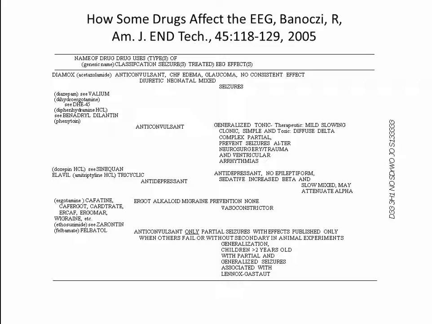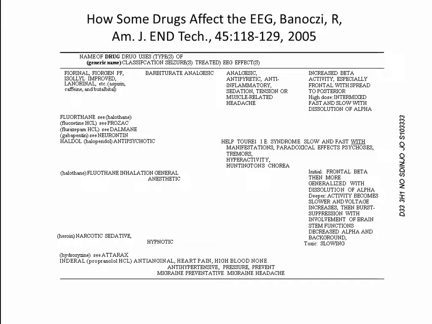Let's see if any of these are... Again, we have no consistent effect. This is an anticonvulsant showing no consistent effect. Barbiturates causing increased beta activity, widespread frontal to posterior beta, decrease in alpha with high doses.